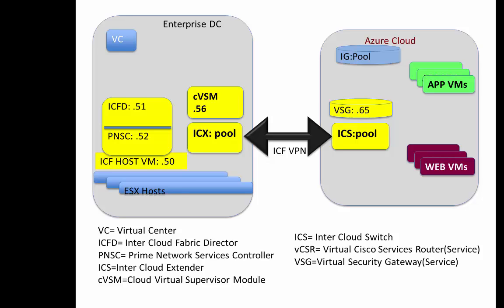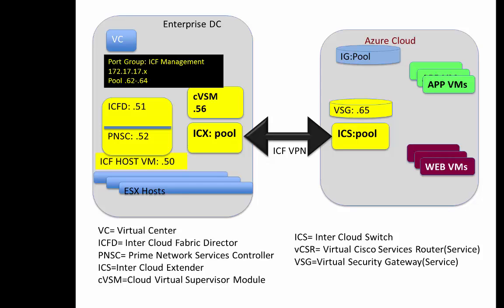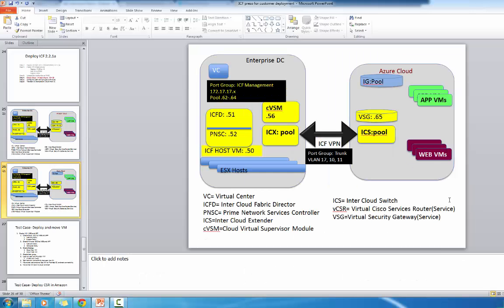You can manage it from the PNSC for this version. So the pool IPs are for ICX-ICS and Integrated Gateway. So 3 of them we need. So we have assigned 6.2, 6.4, and probably the VSG IP address has to change. So we'll give something like 66, right? Or maybe 70 here.